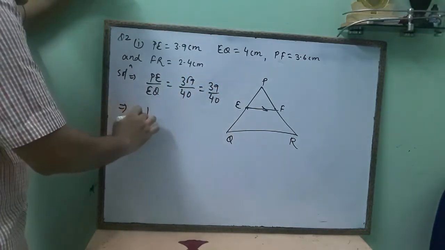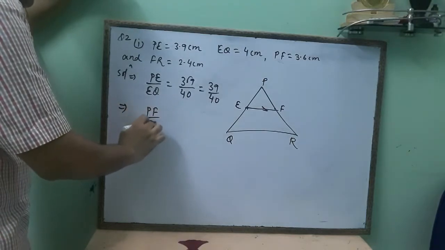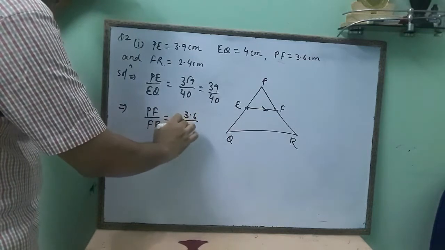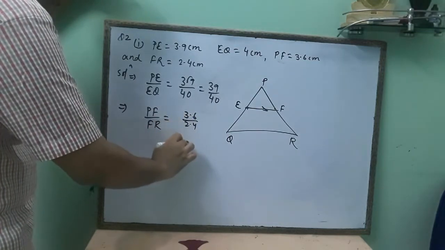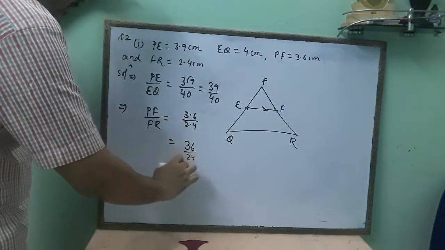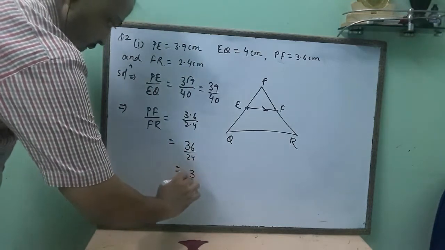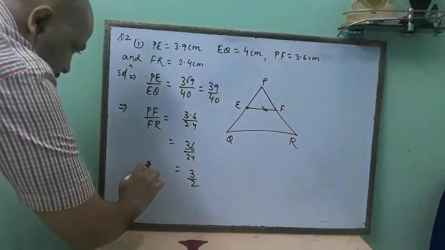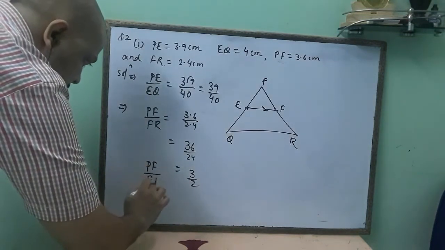Now PF divided by FR is 3.6 by 2.4. We can remove the point. It will be 36 divided by 24. 12 3s are 36, 12 2s are 24. So PF divided by FR is 3 by 2.